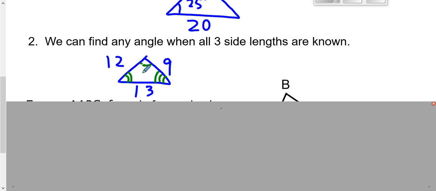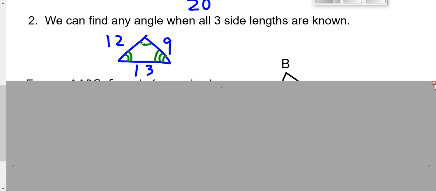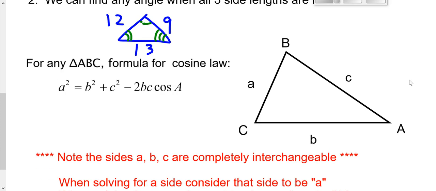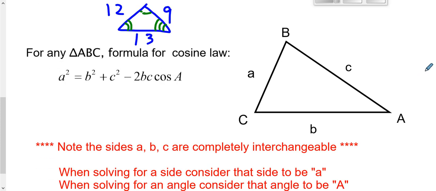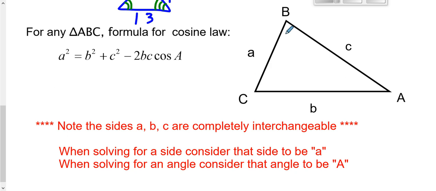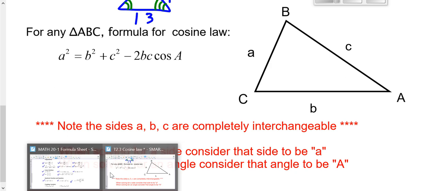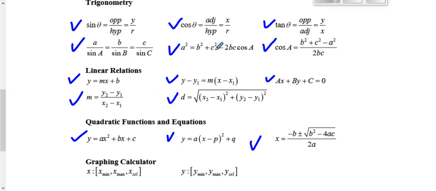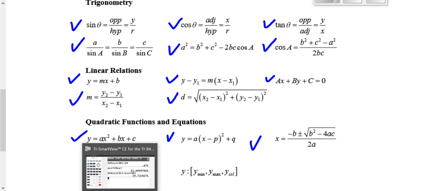This is definitely not possible with the sine law. Now if you look at this, for any triangle ABC, here is the cosine law. I will check off the two versions: this one to find the length of a side, this one to find an angle.